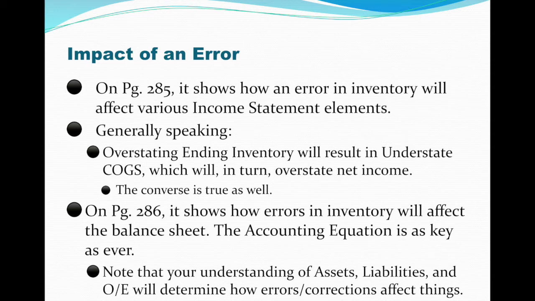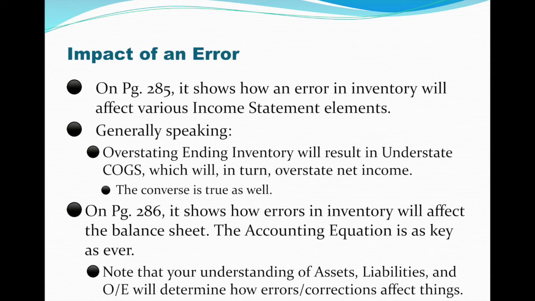Because liabilities can be affected by something depending on how and why the inventory was made and what assumptions you're making, etc. So don't blindly follow this table. I mean, it'll usually be right, but you also want to use your understanding of the accounting equation and how things work, and use the assumptions that you make based on costing principles and revenue recognition and all that stuff.